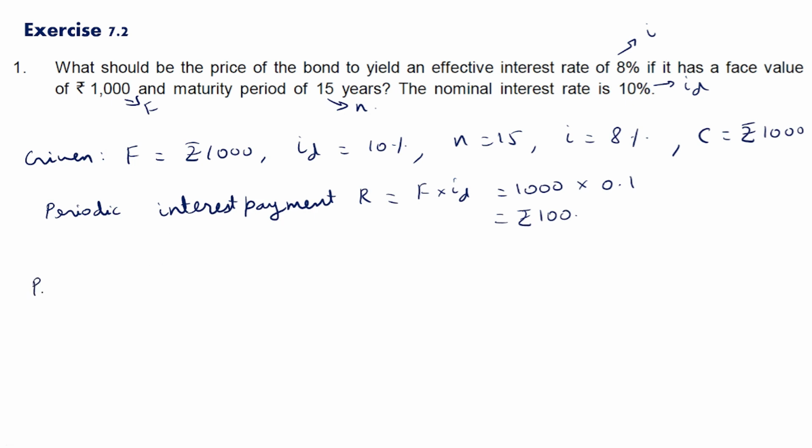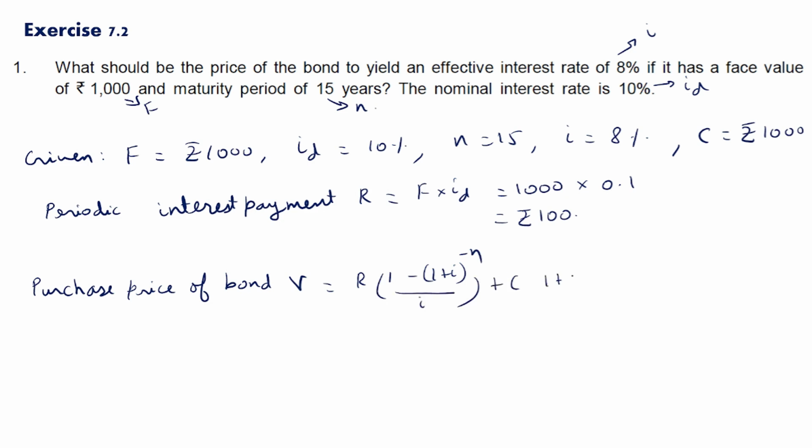And now the purchase price of the bond. V is equal to R into 1 minus 1 plus I the whole raised to minus N upon I, plus C into 1 plus I the whole raised to minus N. So this is the formula. So we know each of these terms. When we substitute, we will get the answer.